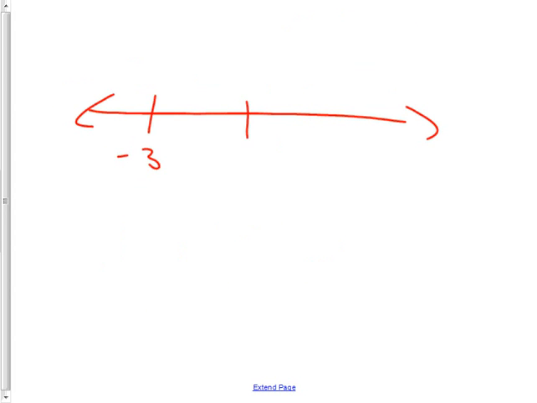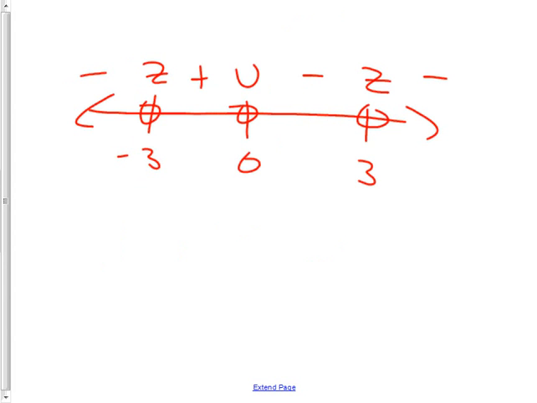3-spot system. Function has to be, say, less than or equal to 0 this time.